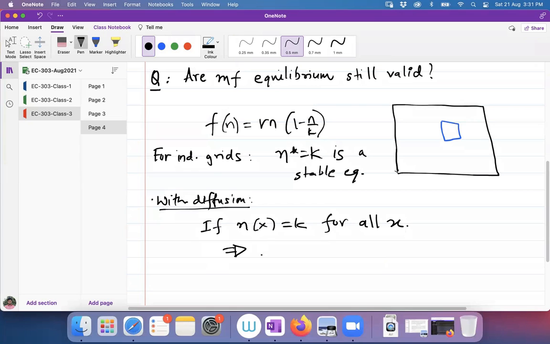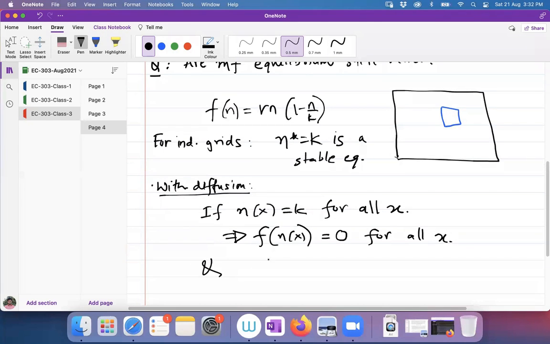This implies that f of n(x) is equal to 0 for every grid. The local reaction is basically 0. There is no local growth, right? Because every grid is at carrying capacity. And what about the diffusion term?